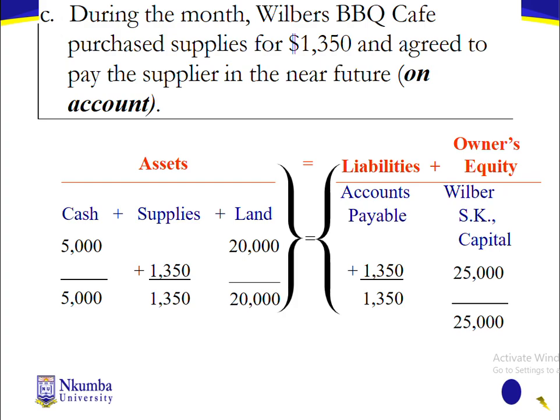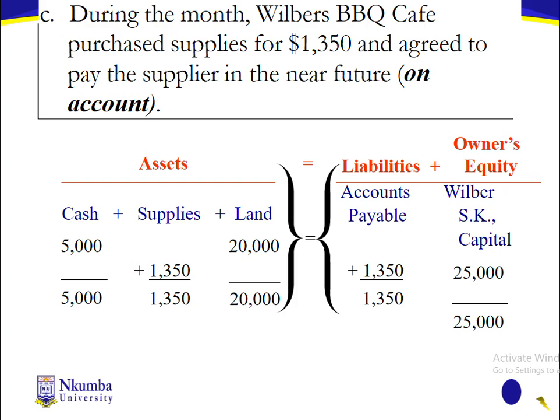The other money was used up to pay the landlord and to acquire land. So in cash at bank, we remained with $5,000. This means that during the month, Wilber's Barbecue Cafe purchased supplies for $1,350 and agreed to pay the supplier in the near future.